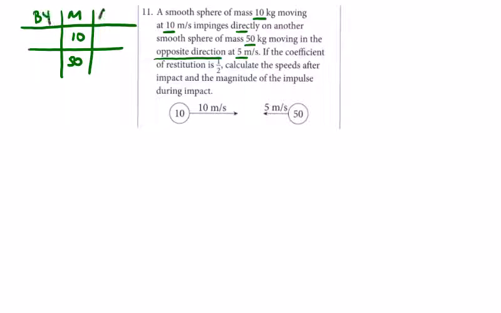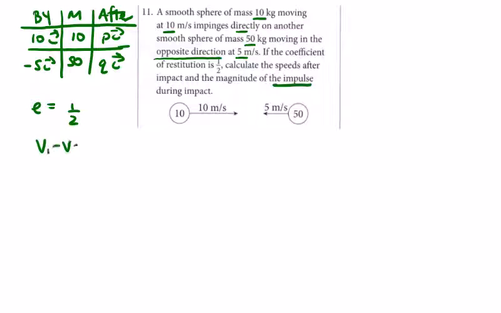We have before and after: 10, and in the opposite direction, minus 5. And we have e as a half, and we're asked to find the speeds after impact and the magnitude of the impulse as well. So we call these P and Q.